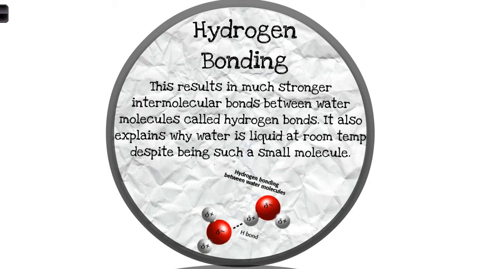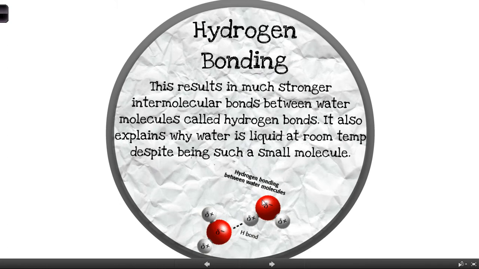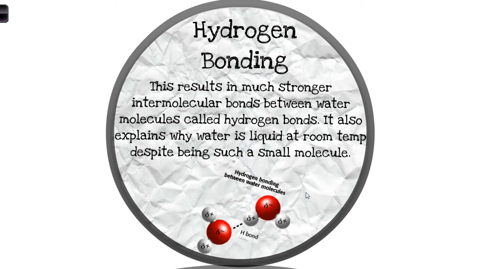So water, despite being such a small molecule, because of this unequal sharing of electrons, and because we've got a slightly negative end and a slightly positive end, because it's polar, we get these strong intermolecular bonds. And those strong intermolecular bonds essentially help to hold the molecules together to keep it liquid at room temperature.